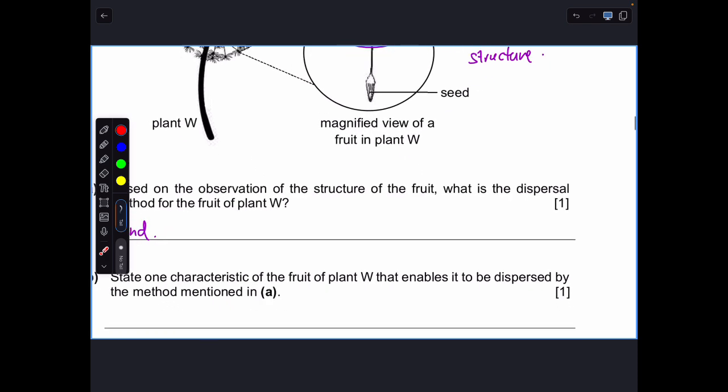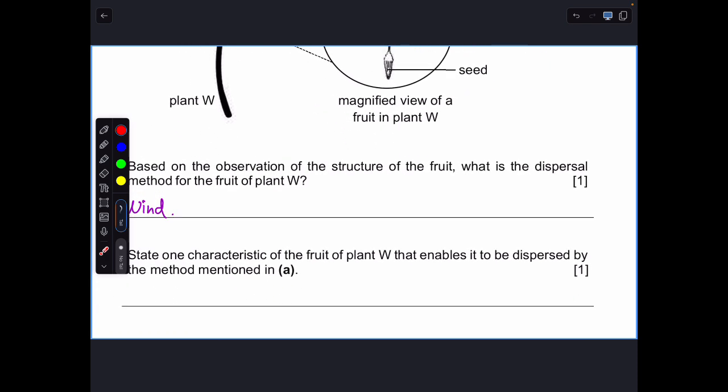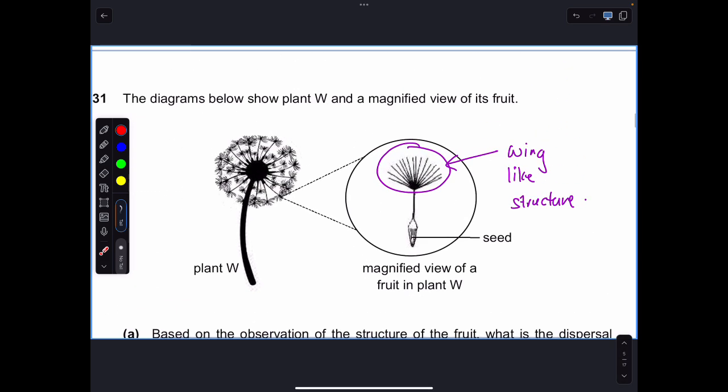Okay? State one characteristic of the fruit. Now, this is the issue. A lot of you say things like, oh, it's very light. Light as in, it doesn't weigh a lot. My question is, you cannot tell from the diagram. Did they give you a weighing scale, and then you put the fruit on it to show you how much it's weighing? No, right? So you cannot say that.